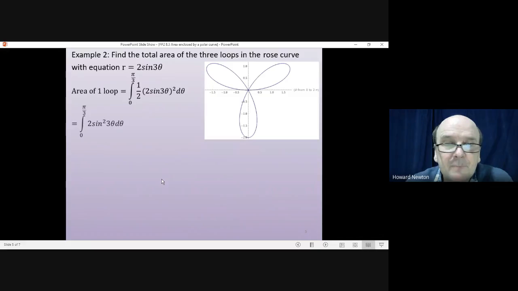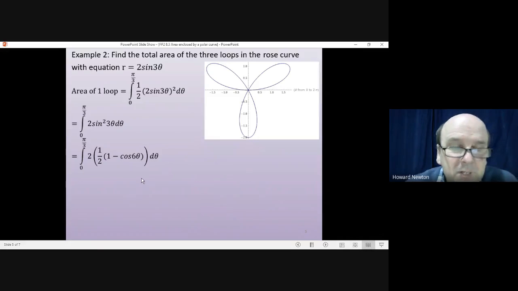Squaring the brackets and dividing by the 2 outside will give us the integral of 2 sine squared 3 theta. And then we'll need to use the identity that we had on the first question, which is that sine squared theta is equal to a half into 1 minus cos 2 theta, which means that sine squared 3 theta is a half into 1 minus cos 6 theta.